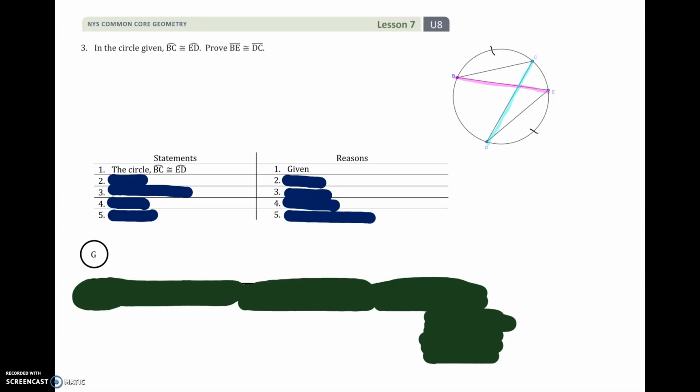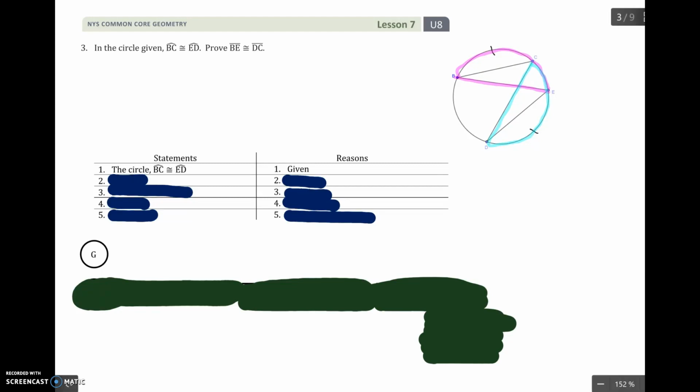Thinking about what we had in the previous one, in order to prove the segments are congruent, one of the things we could do is show that this pink arc is congruent to this blue arc, because congruent chords cut congruent arcs. So I'm working backwards in my thought here. If I can get those bigger arcs congruent, then the segments would have to be.